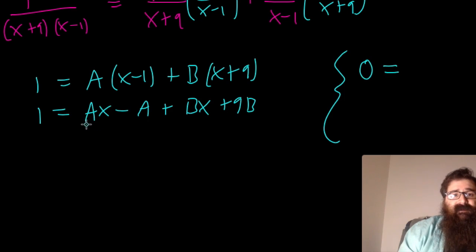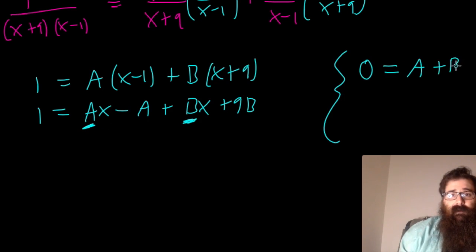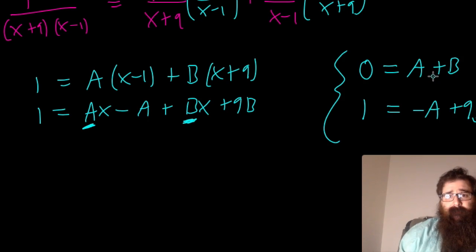Now what about the x's on the right? Well, I have an Ax and a Bx, and I just want to work with the coefficients, so A plus B. What about constants? On the left, I do have a constant term, that's 1, and that should be equal to the constants on the right, which is negative A plus 9B.